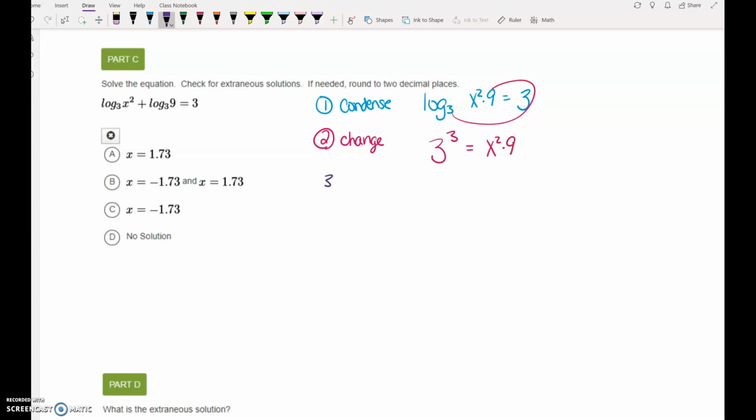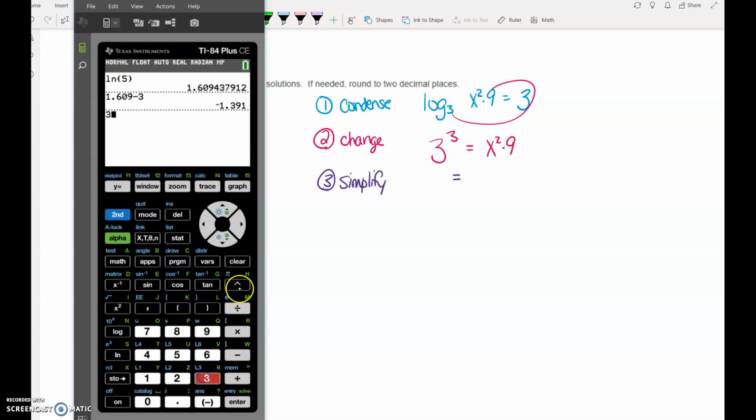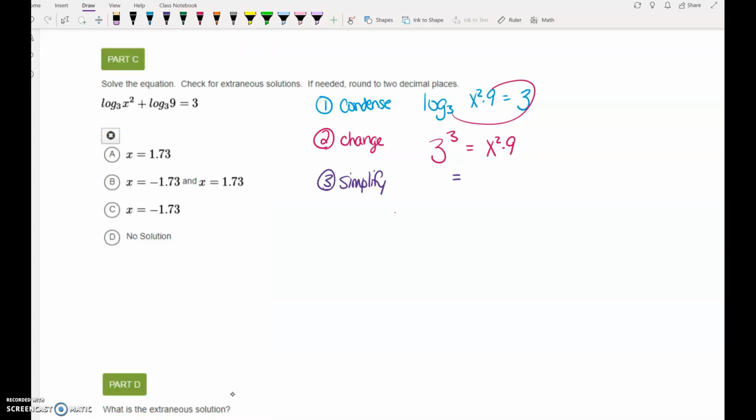And then I'm just going to simplify all of that. 3 to the third is 27, and you can try that in your calculator if you don't believe me. 27 equals 9x squared.